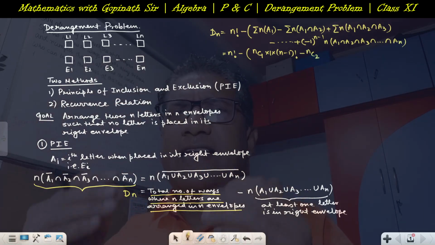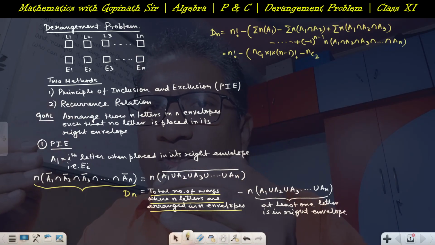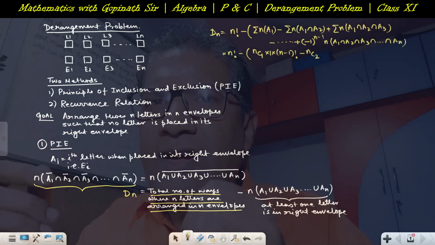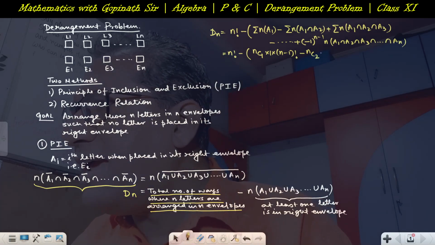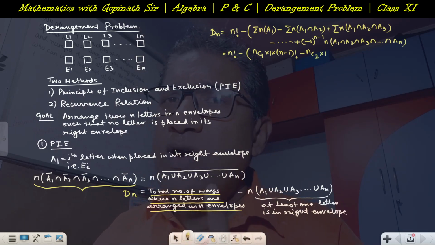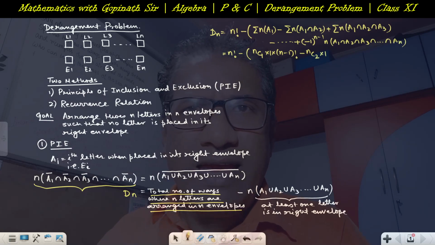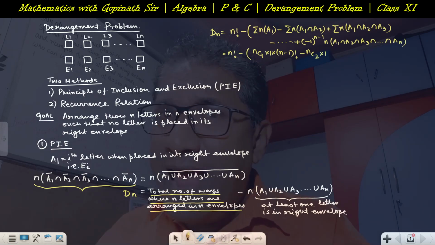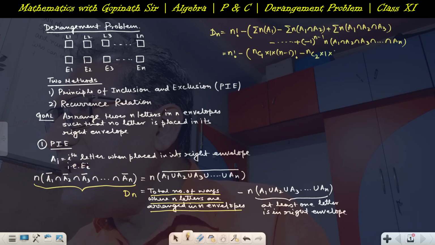Now after getting these 2 letters, all I am doing is placing those 2 letters in their right envelopes, which can be done in only one way. And we are left with n minus 2 letters as well as n minus 2 envelopes. So they can arrange among themselves in these n minus 2 envelopes in (n minus 2) factorial different ways.